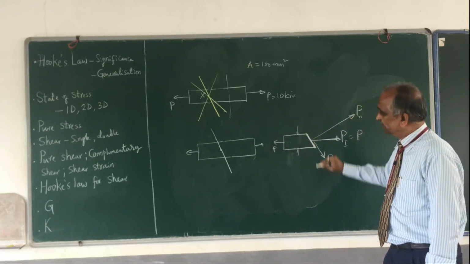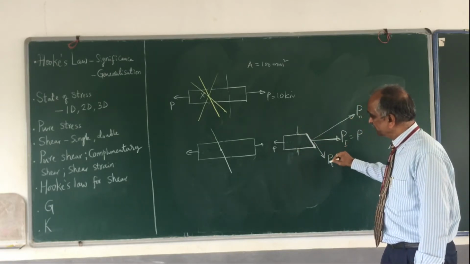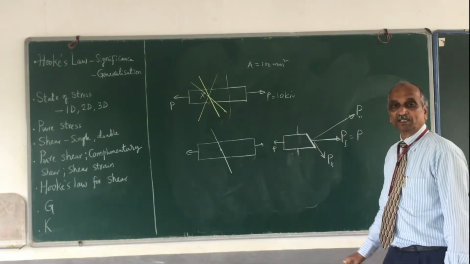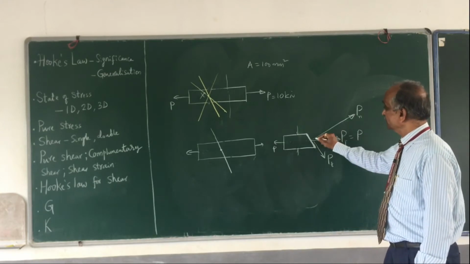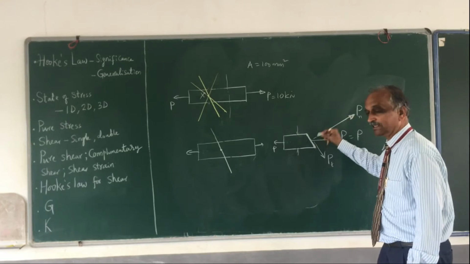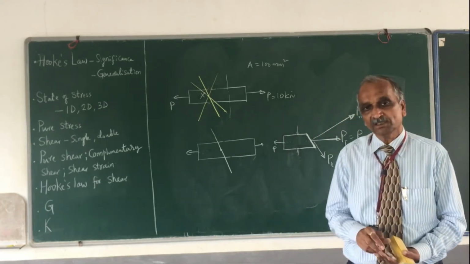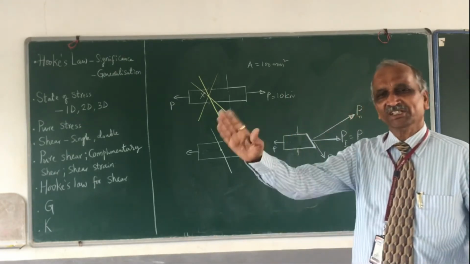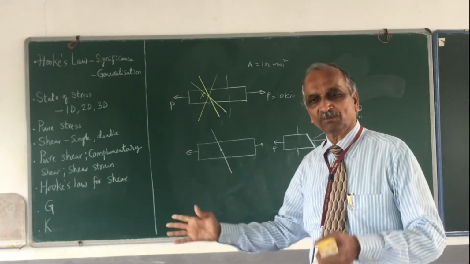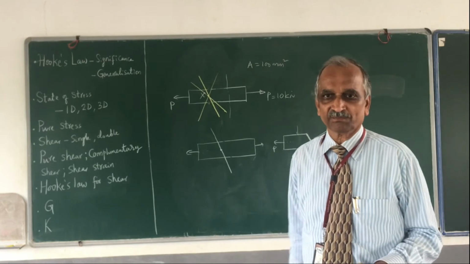PT divided by this area will give us the shear stress. The normal component PN divided by this area will give us the normal stress. In general, on a plane we have both normal stress and shear stress.